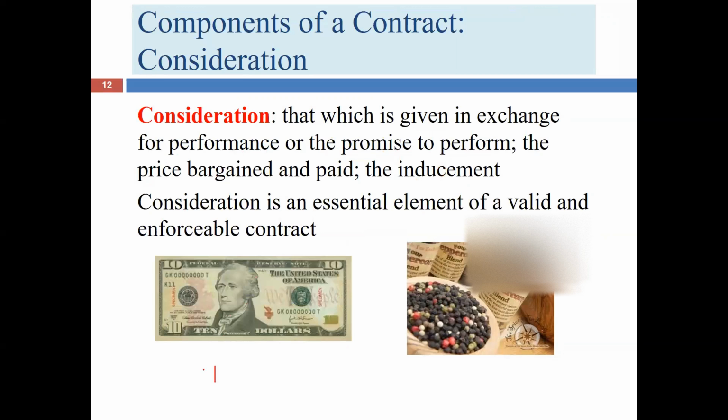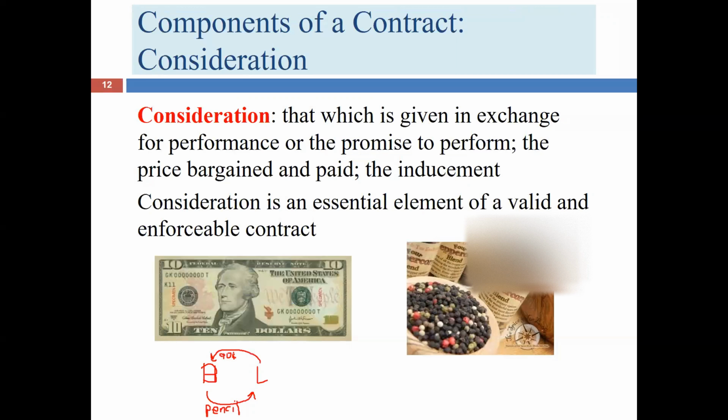Going back to Bob and Larry. Bob is going to provide a pencil. That's his consideration. That's what he's giving up. Larry is providing the 10 cents. Maybe it's American 10 cents, maybe it's Canadian 10 cents.